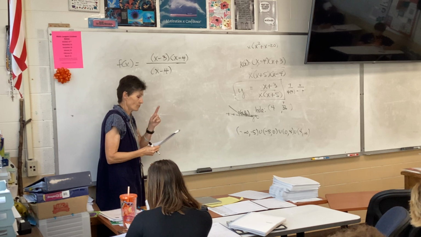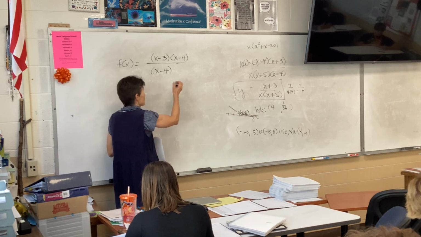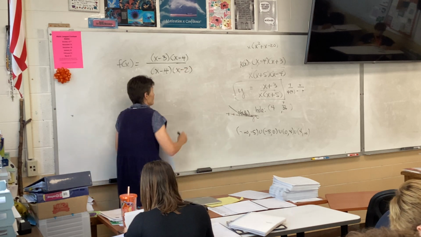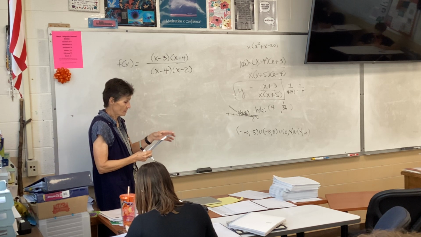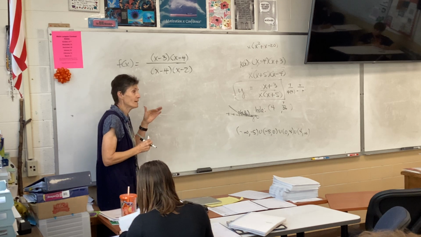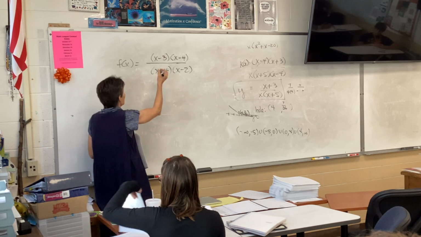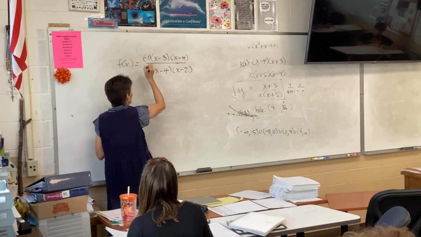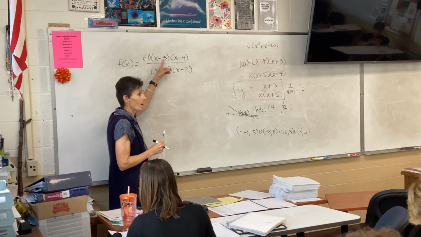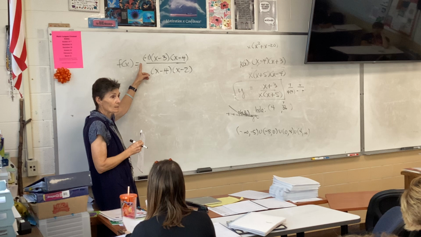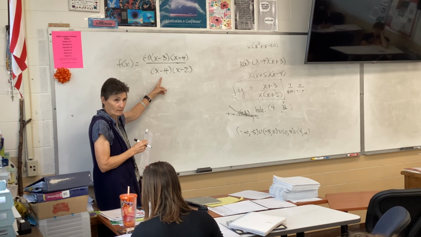All right, what else do I know? A vertical asymptote at 2. A horizontal at -1. Now, how am I going to do that? Put a negative in, maybe right here. Because remember, when you multiply all this out, that would give you a negative x squared over a positive x squared.